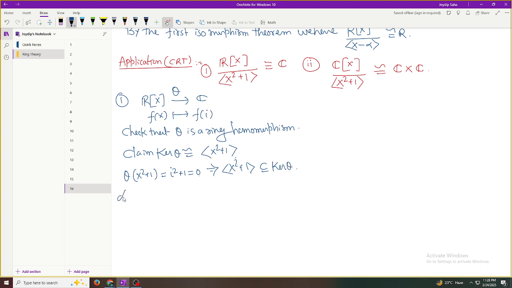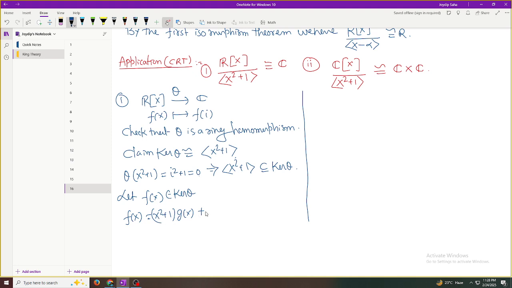Now let f(x) belongs to the kernel of theta. Write f(x) as x square plus 1 times g(x) plus the remainder. What should be the remainder?